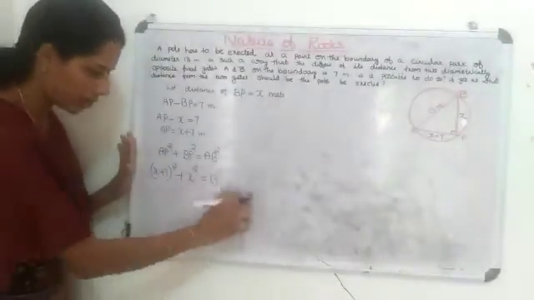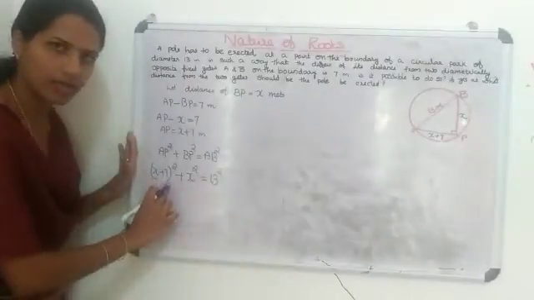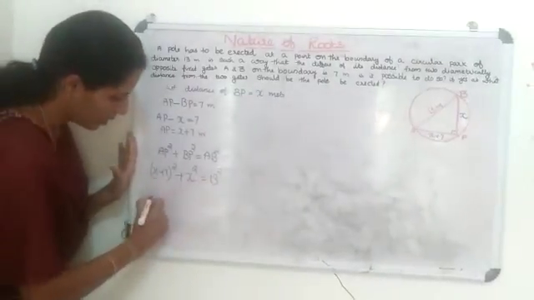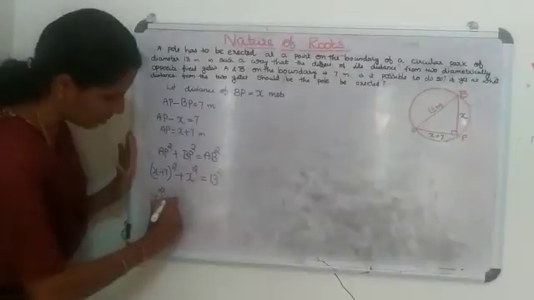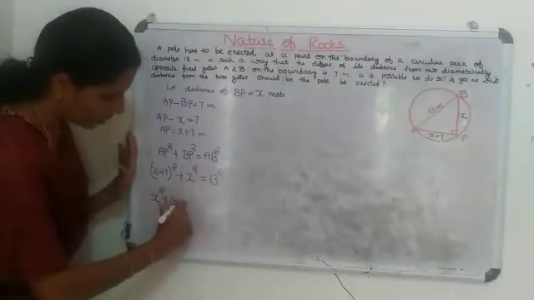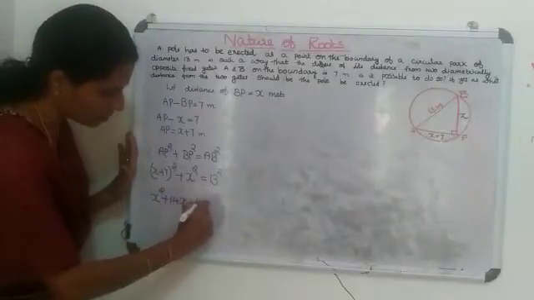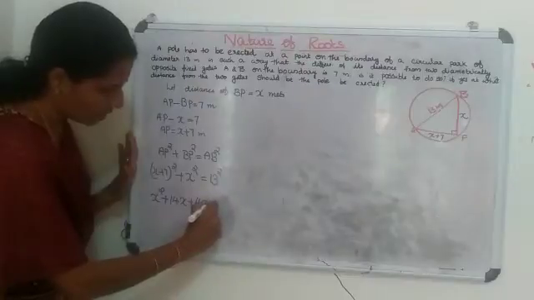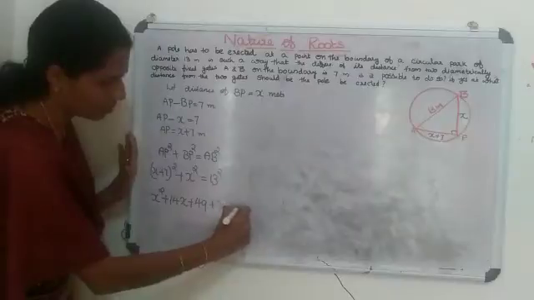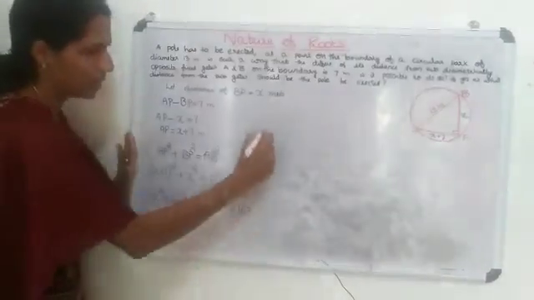Now expand the equation. (x plus 7) whole square is in the form of (a plus b) whole square. That is x square plus 14x plus 49, plus this x square, is equal to 169.